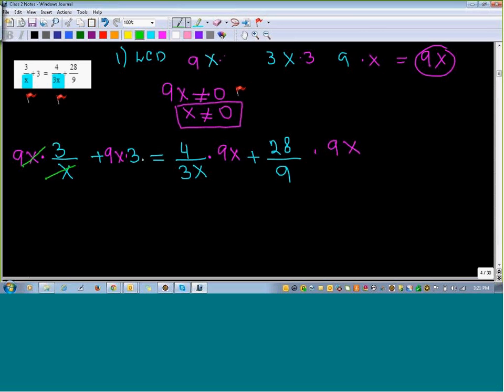9 times 3x, 27x. I could have done that right away too. Well, 3 times x is 28x. Now let me make this 27 at the same time, or we can just keep it like that. Remember what I do? Letters to letters, numbers to numbers. It doesn't matter.